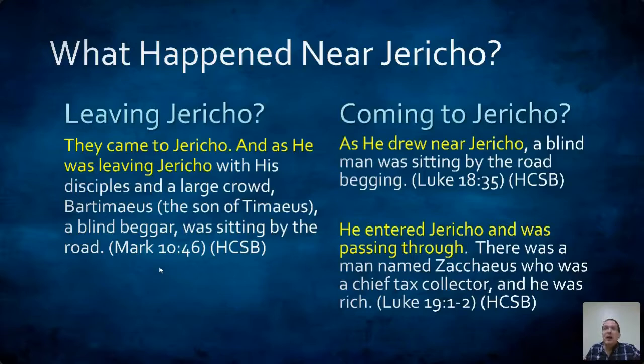So we see there in Luke, as Jesus is drawing near to the second Jericho, it says in chapter 19, he entered Jericho and was passing through. And who does he meet there? Zacchaeus, the tax collector, a guy that's pretty connected, has a lot of money. He's going to live in the nice Jericho. And these are about a mile or two apart.